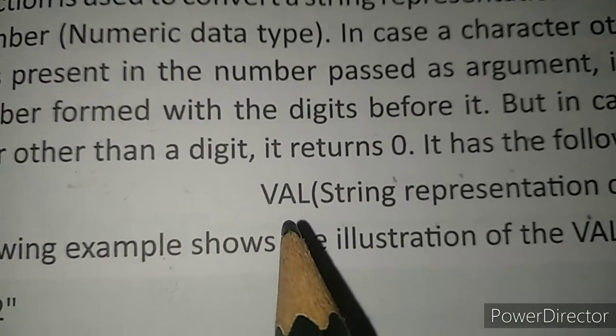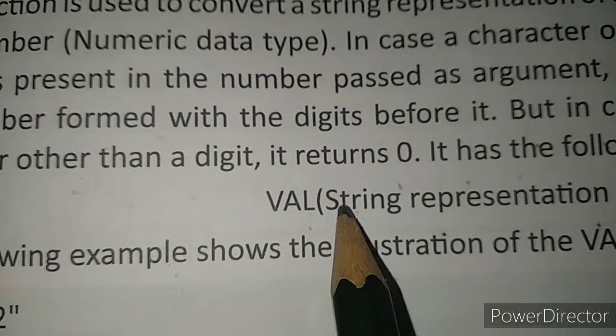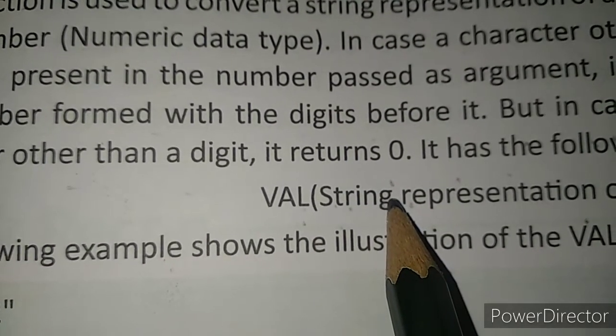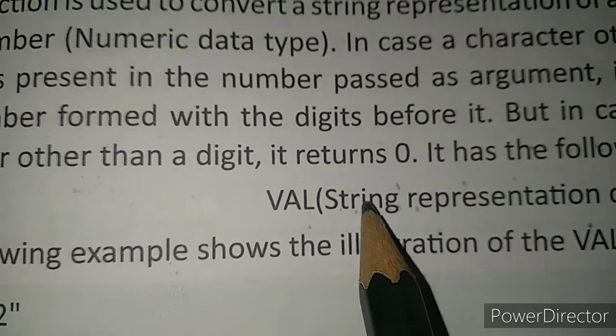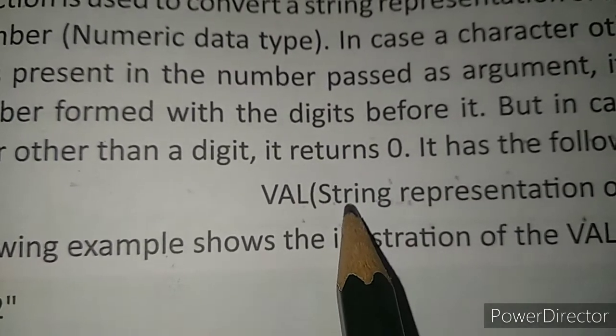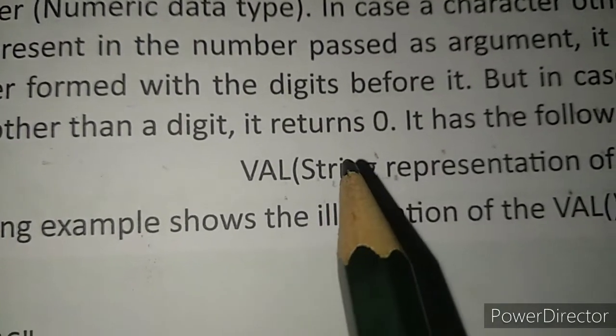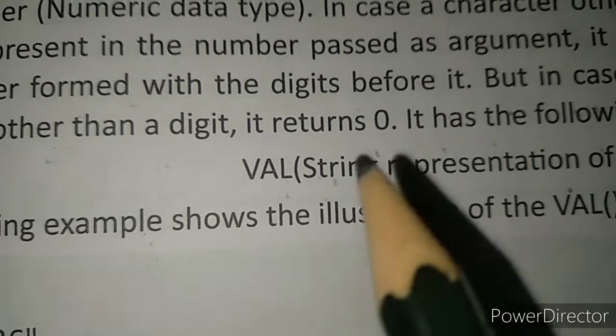But it has a restriction. Whenever it encounters a character, it only displays the number before this character, right? And the rest of the things, the character and anything after it, is eliminated.